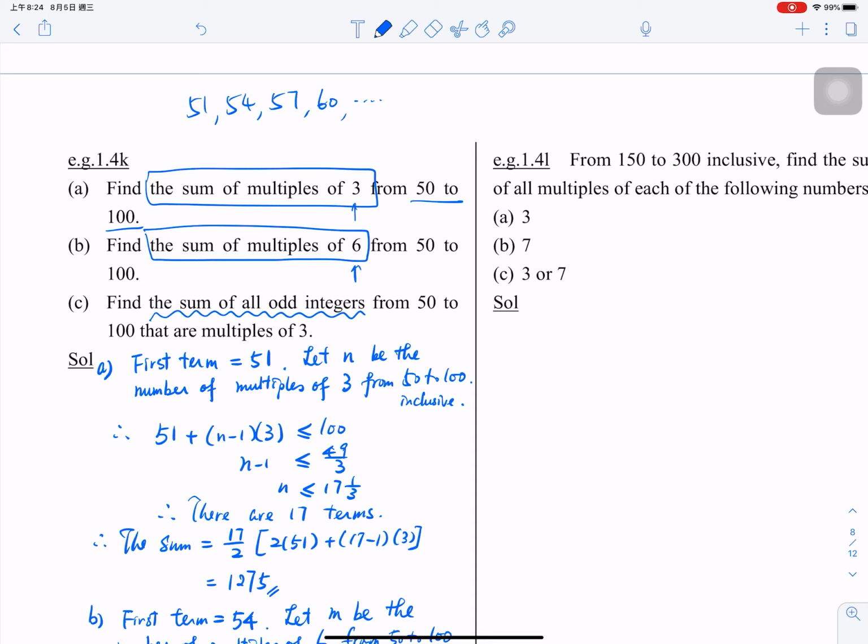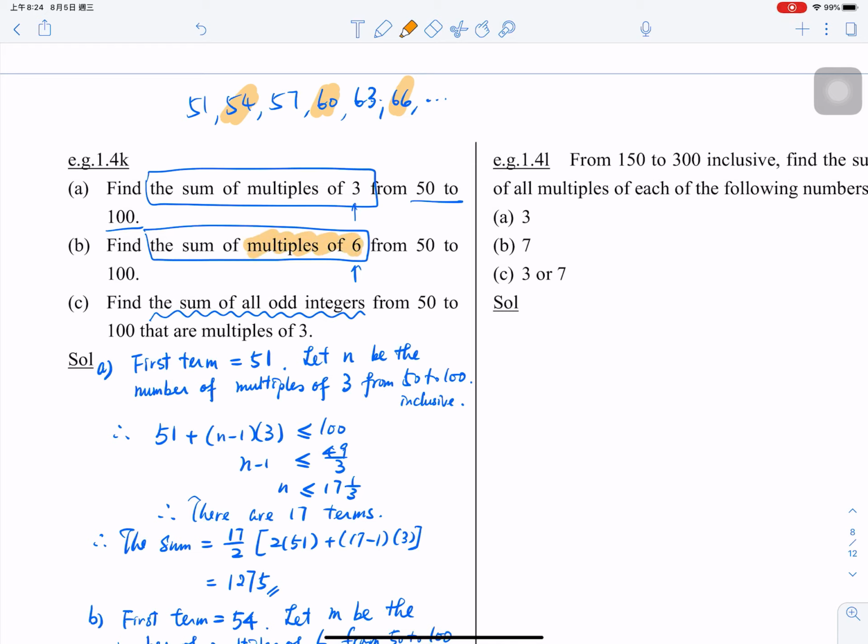All are multiples of 3. And the multiples of 6 are actually this one and this one. If it goes on, 63, 66, and so on. What happened? You can see that all even multiples of 3 are multiples of 6, right?